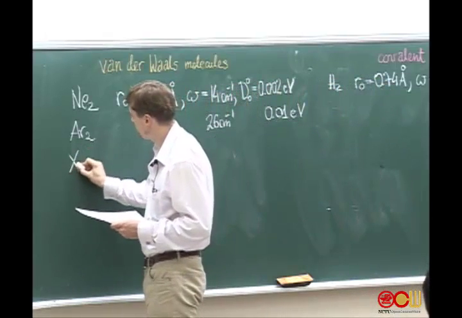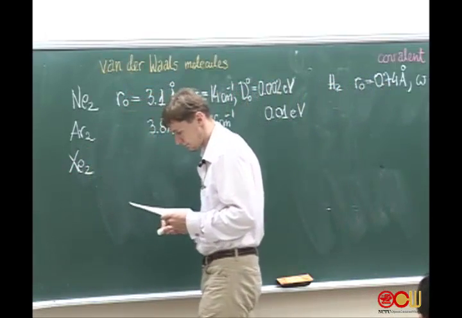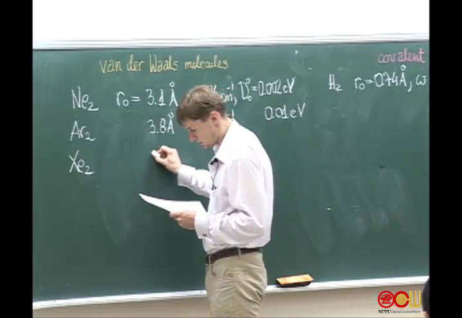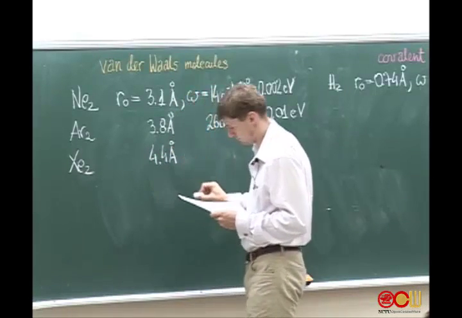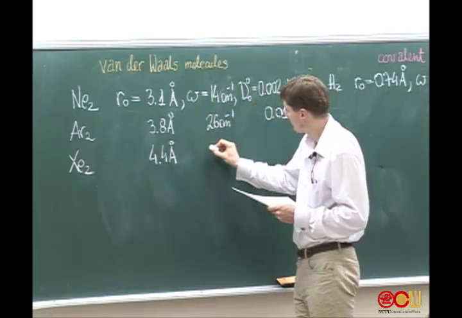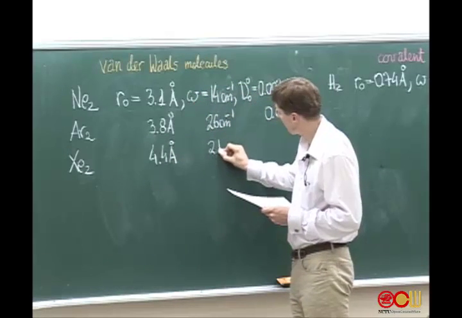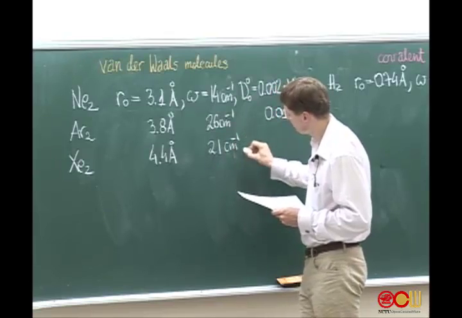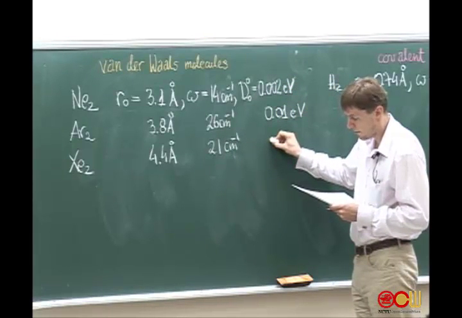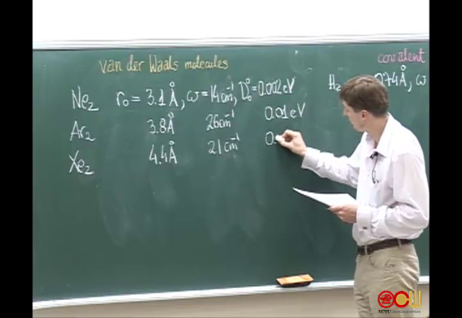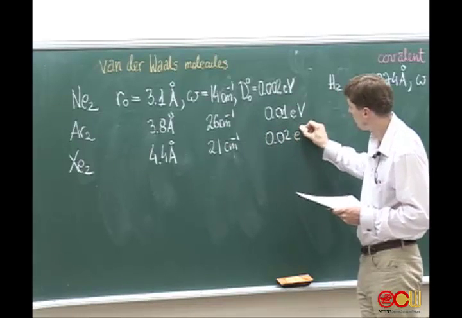For xenon 2, the distance is 4.4 angstrom. Frequency is 21 wave numbers. And the depth of the potential energy well is 0.2 electronvolt.